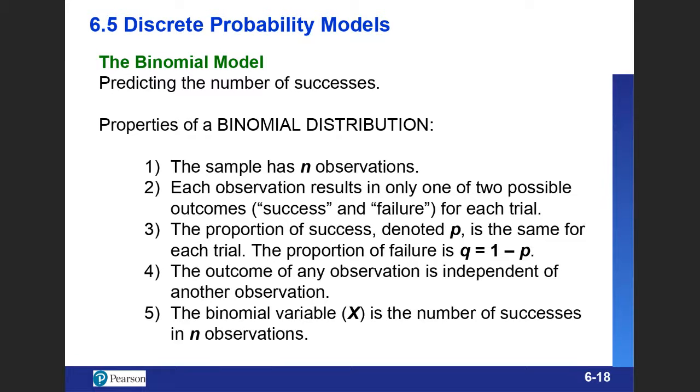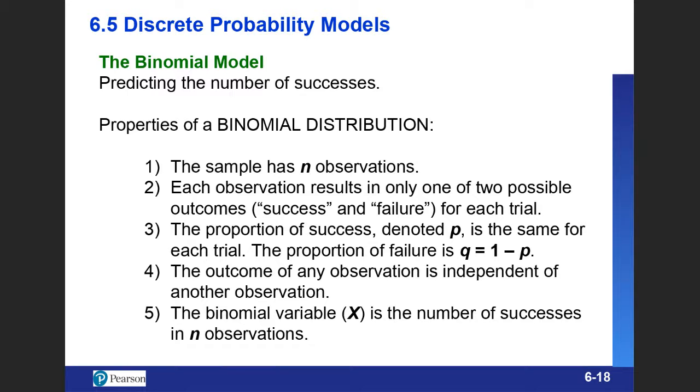Two, each observation can result in only one of two possible outcomes, success and failure for each trial. So every time you have a trial or an attempt, whether you're tossing your coin or you're sending out yes/no responses in a survey, or you're shooting a free throw in basketball, there's only two possible outcomes, either a success or a failure.